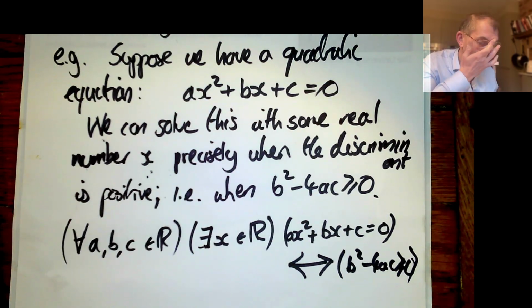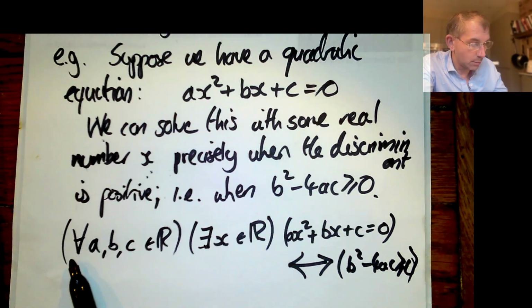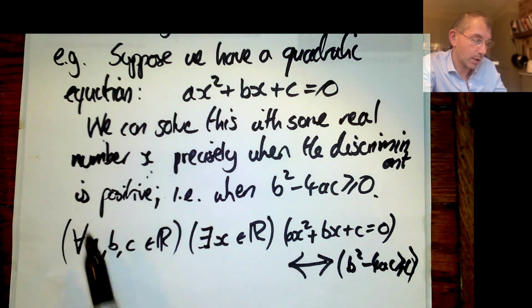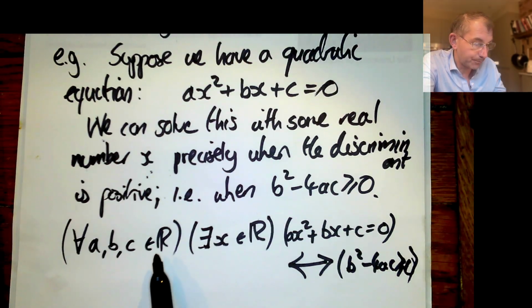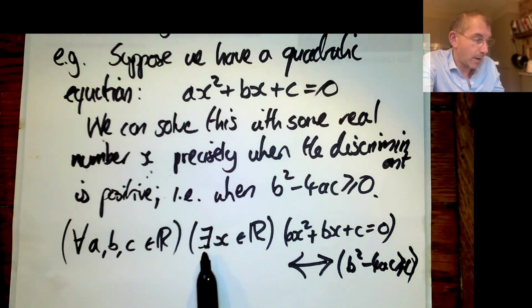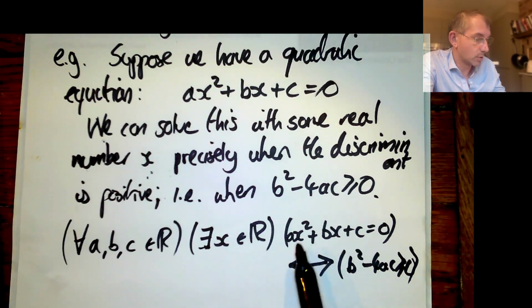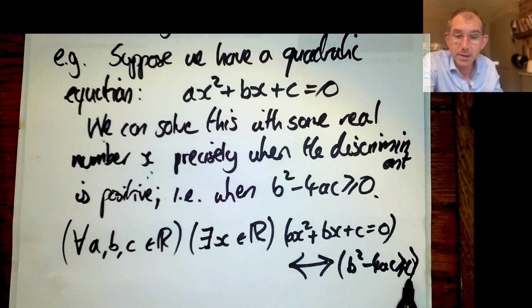Okay, so this is, as I said, for all. So this can be translated as saying, you give me any a, b, and c you like, then I can find an x that solves this equation if and only if I know that the discriminant is bigger than or equal to 0.